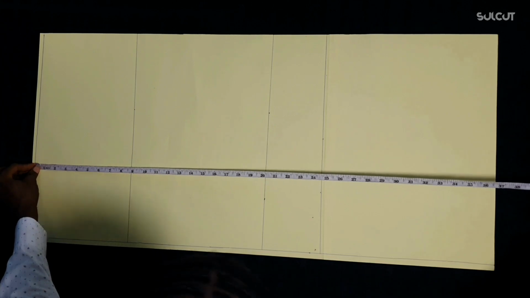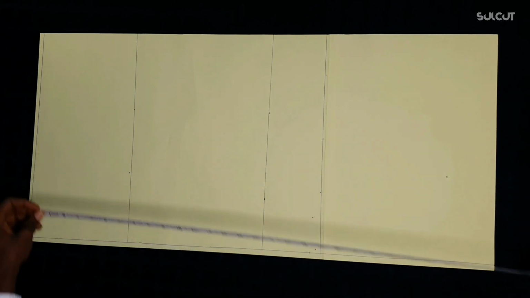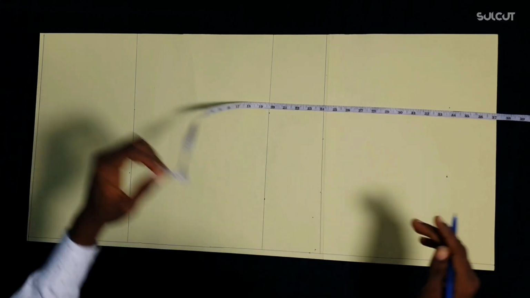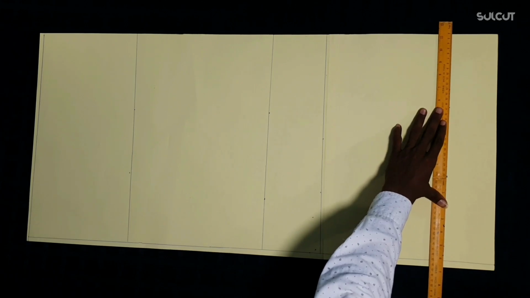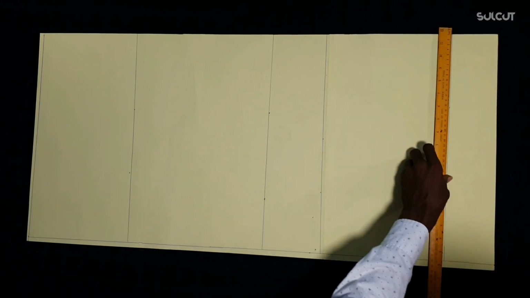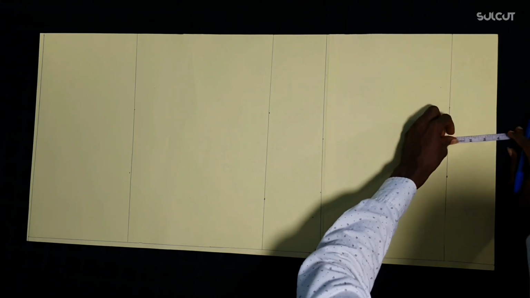If you're gonna have a waistband, subtract the desired length from the entire length. Add about 2 inches hem allowance to the entire length.